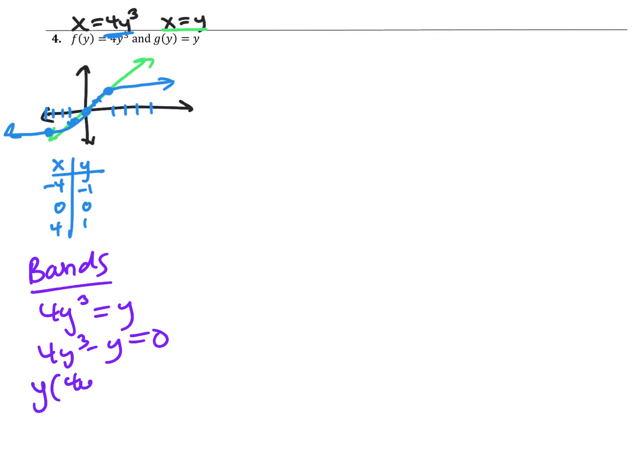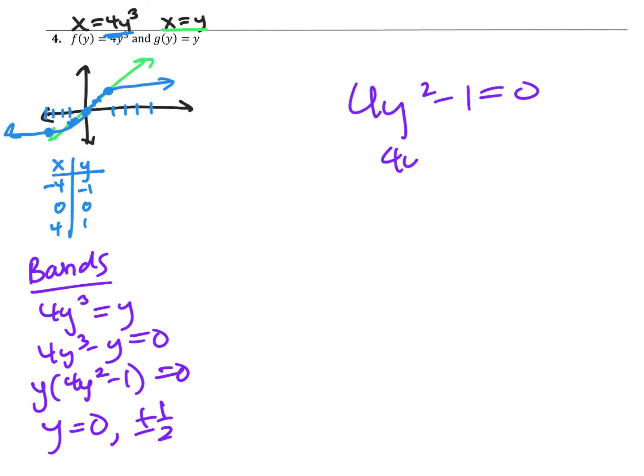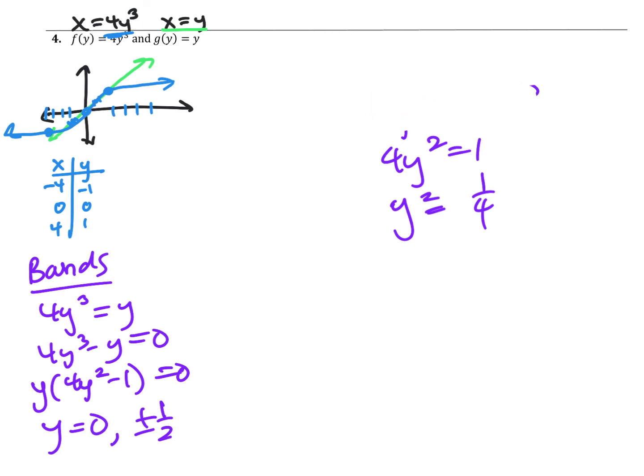So I can factor out a y here. This is going to give me, if I factor, y equals 0 and plus or minus 1/2. If you just solve 4y squared minus 1 equals 0, 4y squared is 1, y squared is 1/4. So you can square root both sides to get plus or minus 1/2, in case you were wondering where that came from. So 3 bounds means I'm going to have 2 integrals.